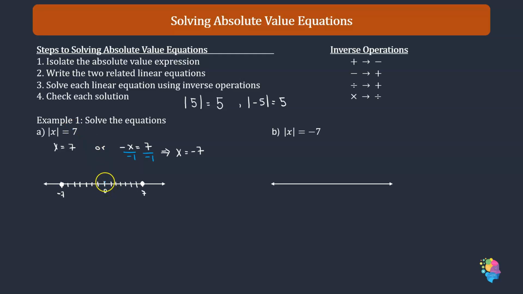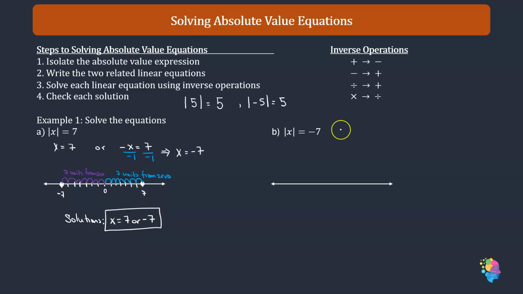And if you count that, this would be 1, 2, 3, 4, 5, 6, 7 units from 0. But this -7 is also 7 units from 0. So then the solutions to this equation are x is equal to 7 or -7.